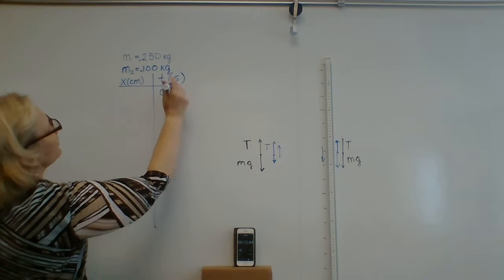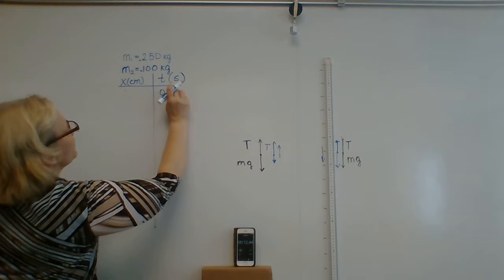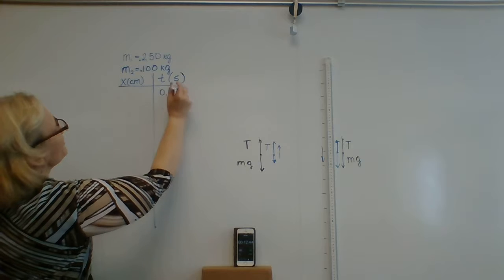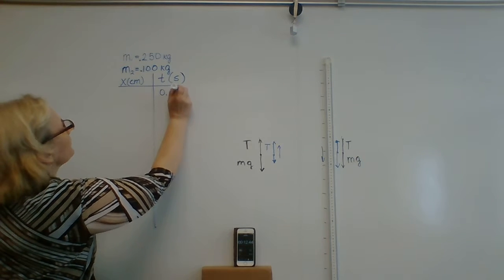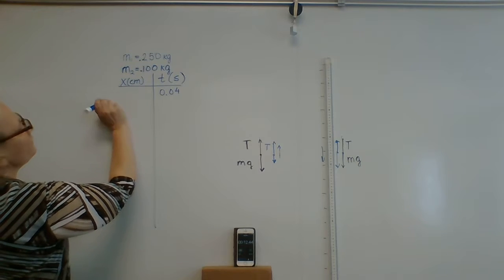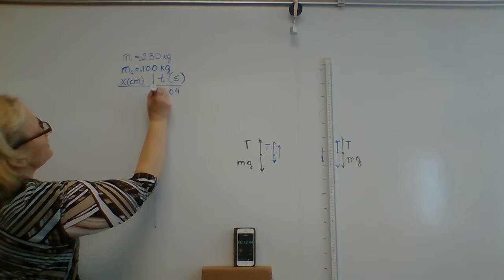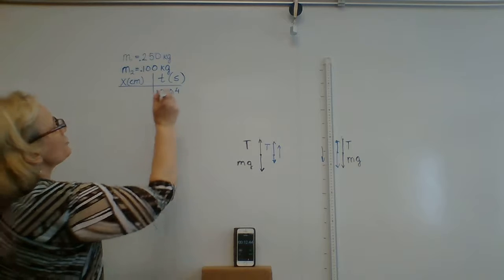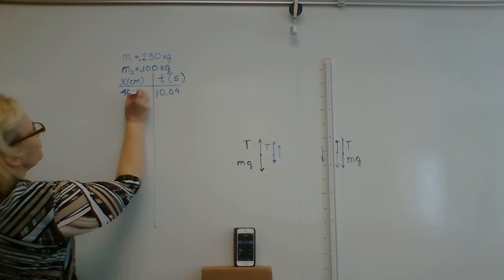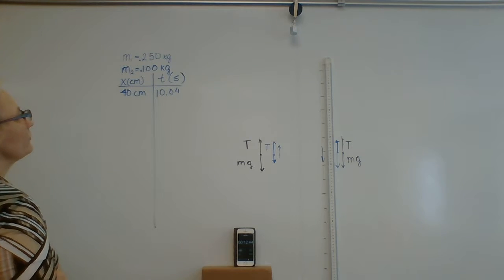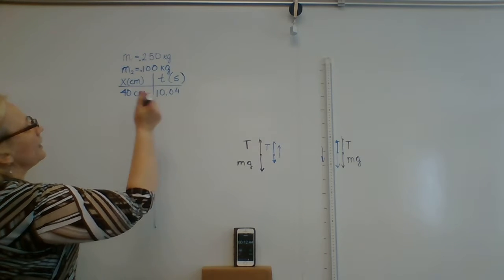It's impossible, because there are about 25 frames per second. So it will be first frame, right? 10 seconds, 0.04, whatever is your starting time. Your position will be, say, 40 centimeters, right?